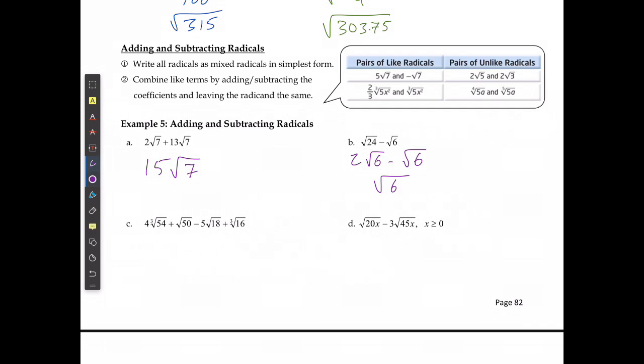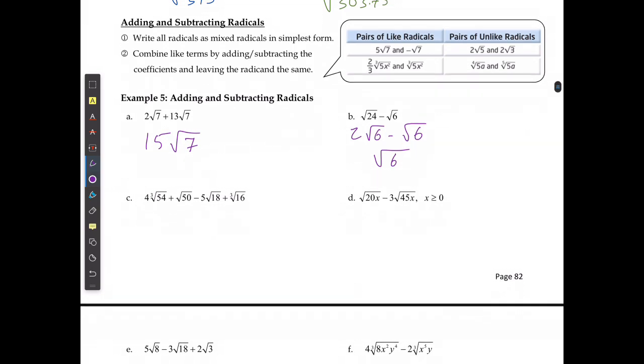Now, when I get to C, still the same idea, I just need to simplify them all separately. So, for the first one, I'm going to simplify that 54 and then multiply the coefficient that I get from there by the coefficient that already exists.